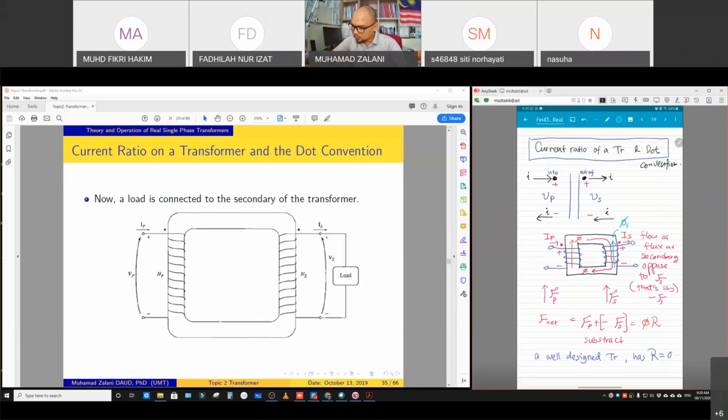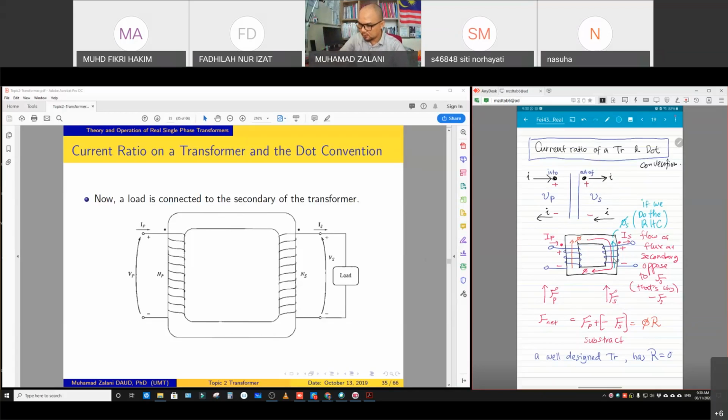If we do the right hand curl or right hand rule, we can say that actually phi s is moving opposite to the original flow of the phi p.